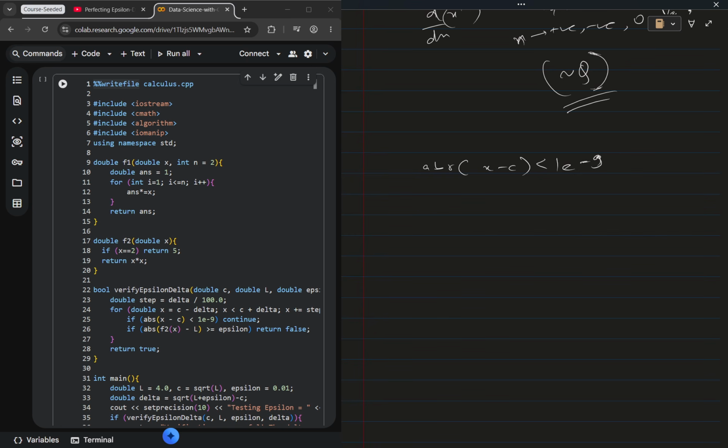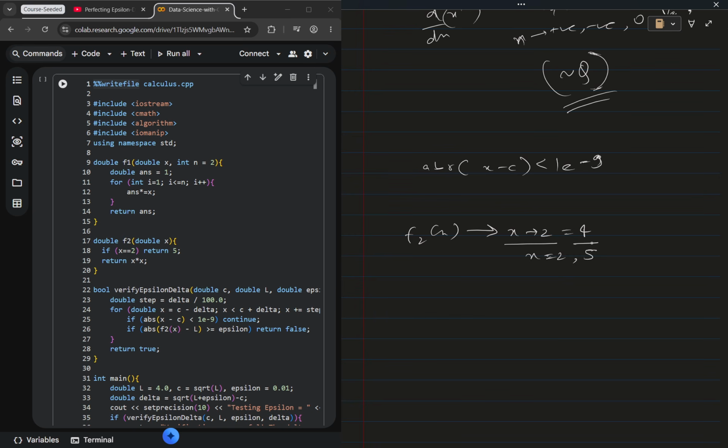First let me explain what you have to do. To properly handle this piecewise function, we'll just write f2 x. Let's say the limit exists for x to 2 where it was supposed to be 4, but we have 5 at x equals 2.